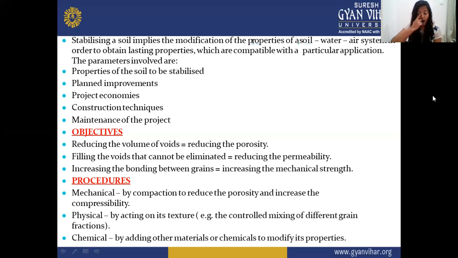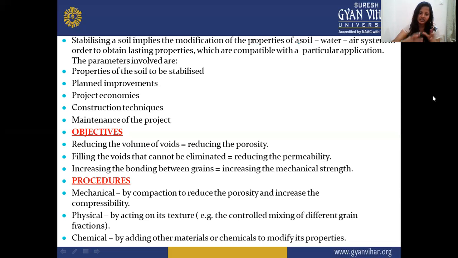Again, the bonding increases. We know that when there is a great bond and great cohesiveness between two soil particles, the mechanical strength increases, because it is quite tough to rupture their bonding, because we are adding some binding agents such as cement, lime, and gypsum.